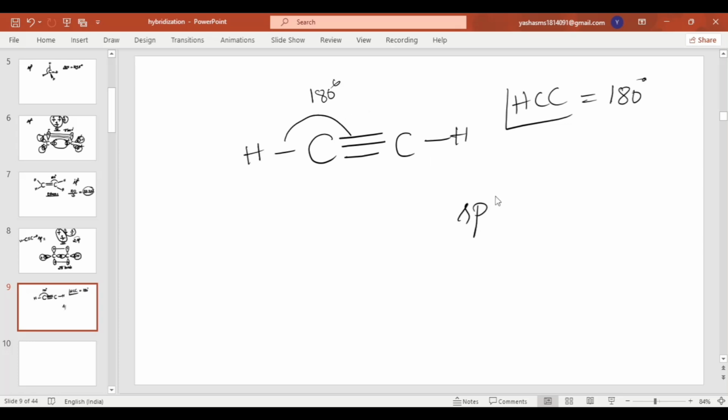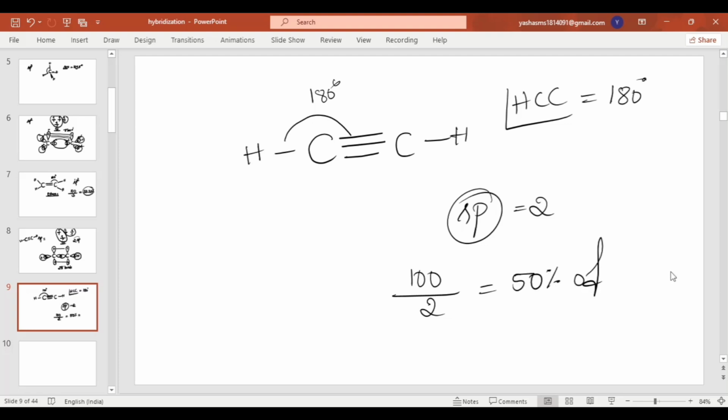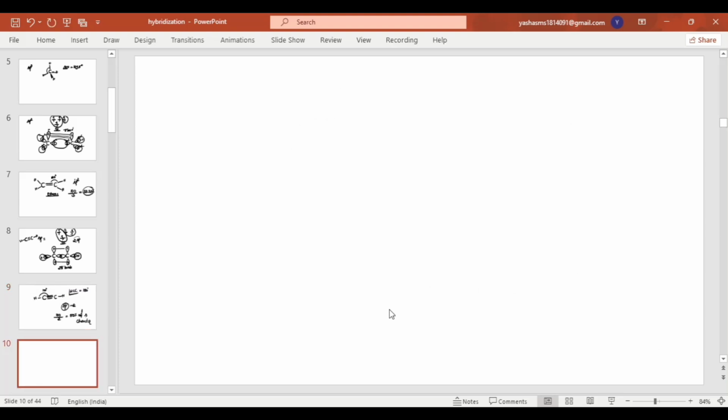What is the s character of an sp hybridized carbon atom? Total of 100, one s is there, one p is there, total 2, right? Here it will become 50% s character. Now we'll summarize all those things.